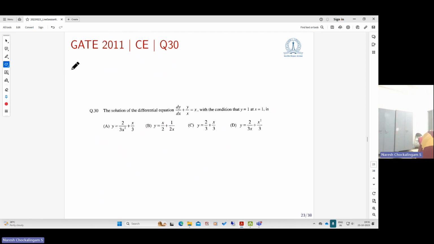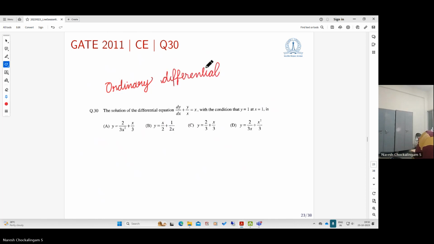So this is a problem. This appeared in GATE 2011. It's a problem in ordinary differential equations. We are given a linear differential equation.